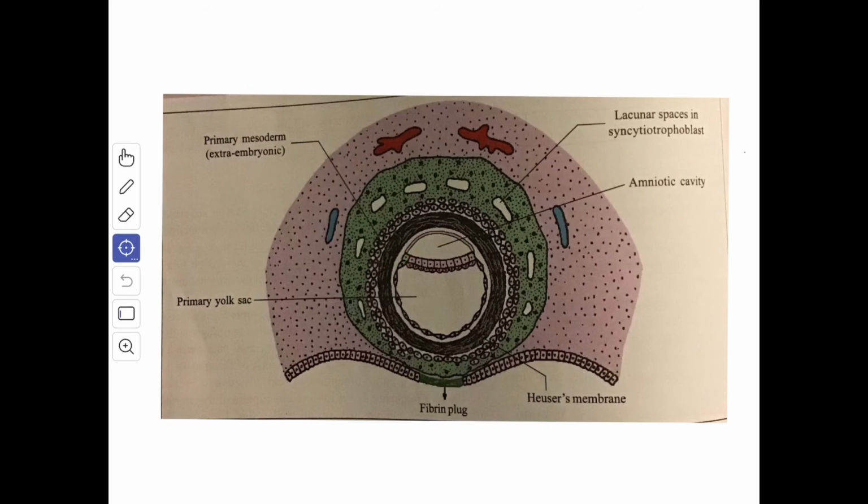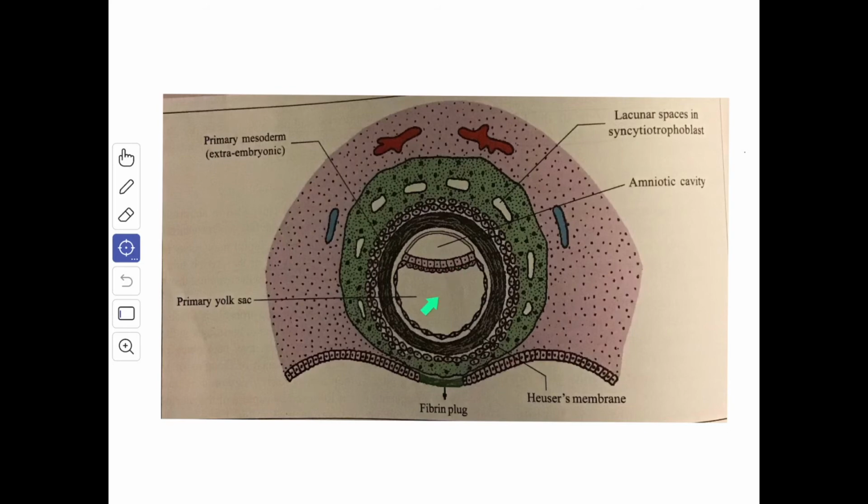On the 9th day of the development, flattened mesothelial cells appear on the inner surface of the cytotrophoblast at the abembryonic pole, and this forms the Heuser's membrane, which is continuous at the periphery of the germ disc with the primary endoderm.